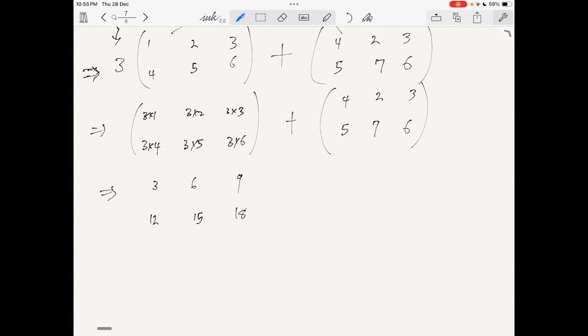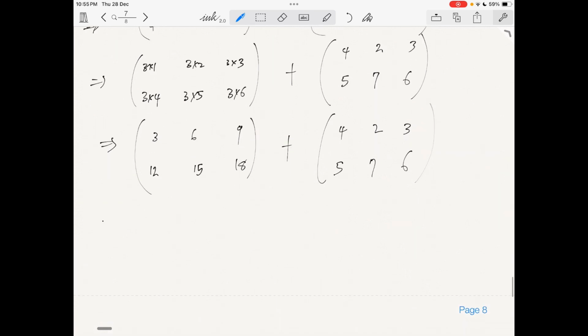And then we can now add them to 4, 2, 3, 5, 7, 6. Very good. So now we can easily perform our addition operation. So we have 3 plus 4, we have it to be 7. 6 plus 2, we have it to be 8. 9 plus 3, we have it to be 12.